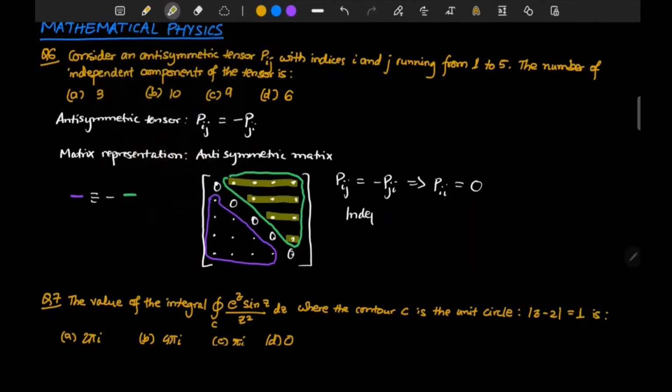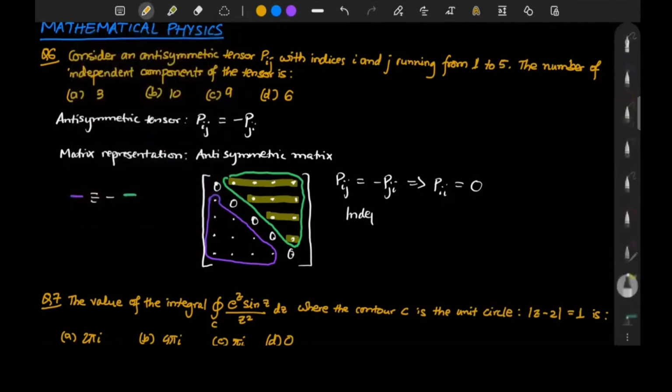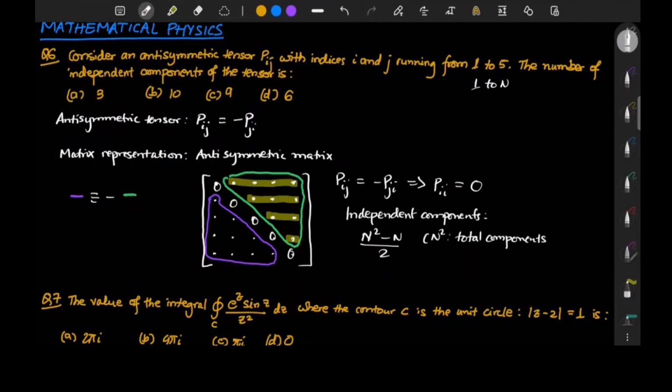You could simply count them as well, but let us write down the general expression. The independent components would be given by (n squared minus n) divided by 2. And why so? Because if the indices run from 1 to n, then n squared are the total components and n are the diagonal components, and the diagonal we know is going to be 0.